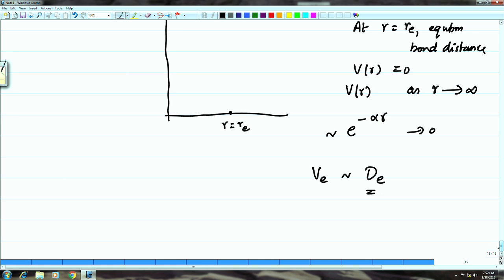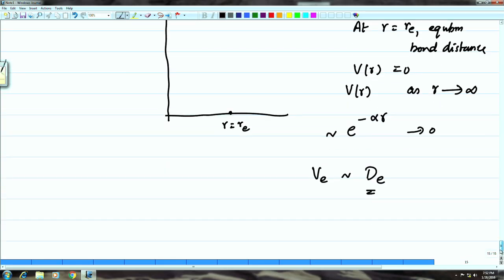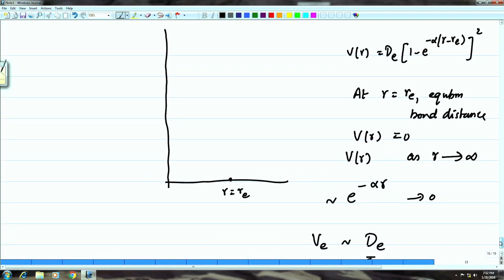Therefore, for very large values of r, if we go back to the graph, as r increases from the equilibrium value, you see it is exponential of minus alpha (r minus R_e), and this is a square.